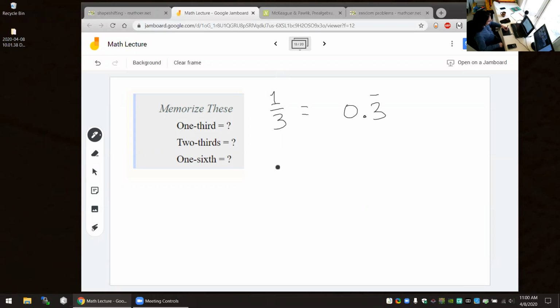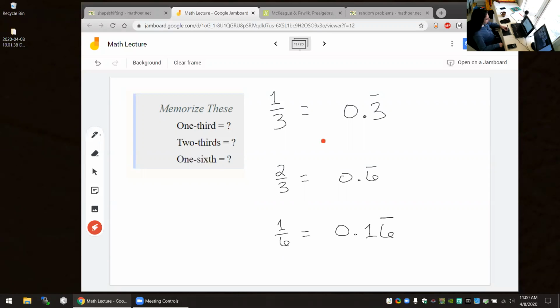If I want to do 2/3 and make it a decimal, again, I can do top divided by bottom and I get 0.6 repeating forever. If I want 1/6 and I want to make it a decimal, same thing, top divided by bottom, no problem. I get 0.16 and the 6 part repeats forever. Your calculators could do this, no problem.